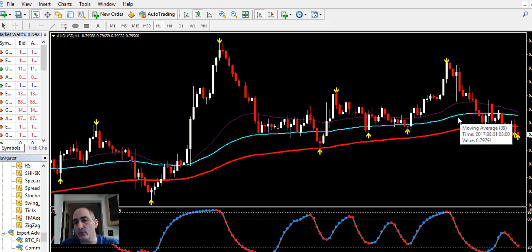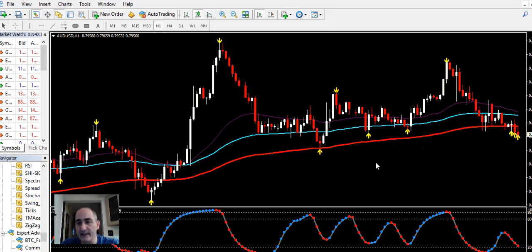It doesn't matter what relationship the aqua and the red have, if one's above or one's below. I just look for the thin purple line to be above them both to buy or below them both to sell. And if it's not in either of those two situations, then I stay away from it.